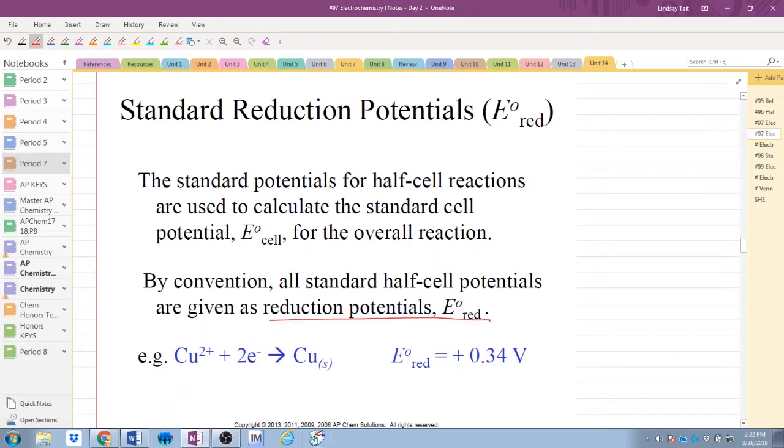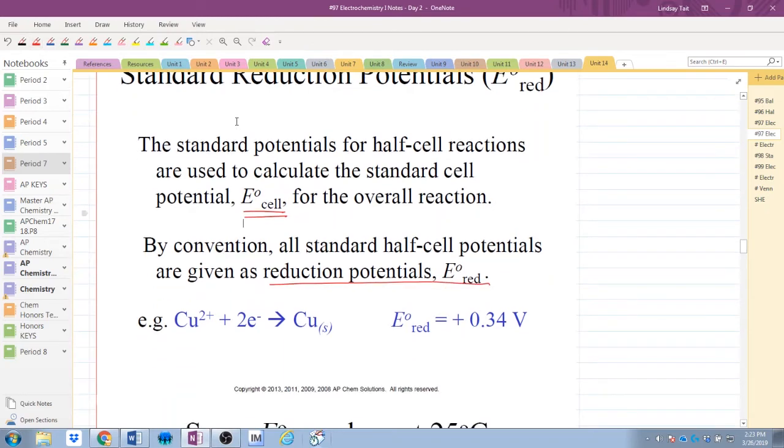I don't know why they picked reduction, but they took every possible half reaction that you could have and reported them all as reduction potentials. So for that half reaction, what would be the voltage if it was a reduction that would be generated? And by looking at both the reduction and the oxidation half reactions, we will then be able to determine the cell potential for the entire galvanic cell.